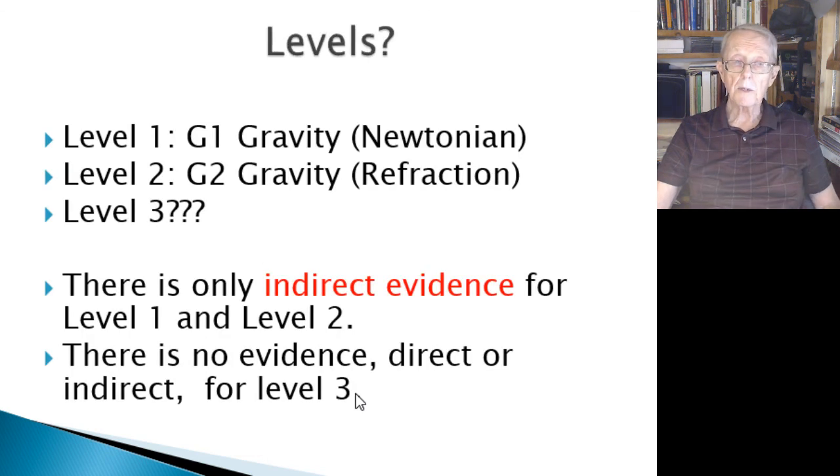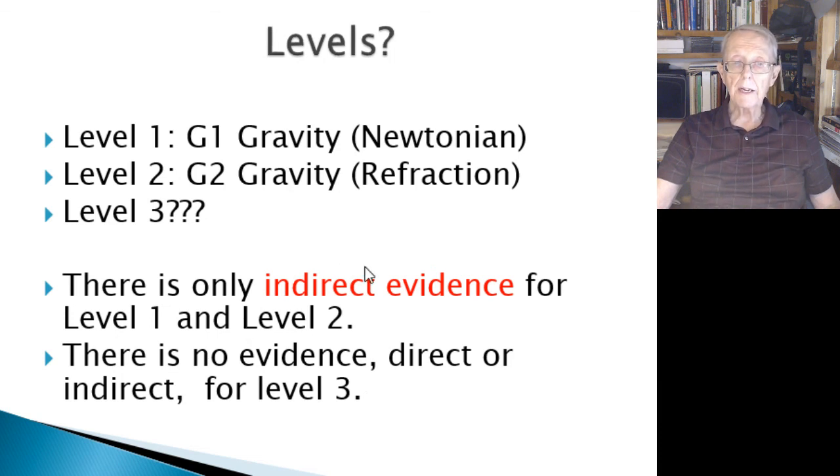Okay, so what the particle model is saying is there's two levels of gravity. G1 is Newtonian. It deals with Earth, sun, moon, apples. There's G2 gravity, which deals with light and specifically with refraction, although it does apply to magnetism, electrostatics, circuits, and even chemistry.